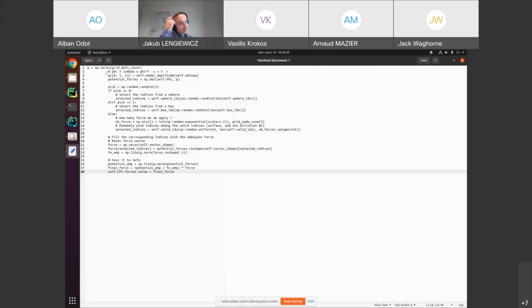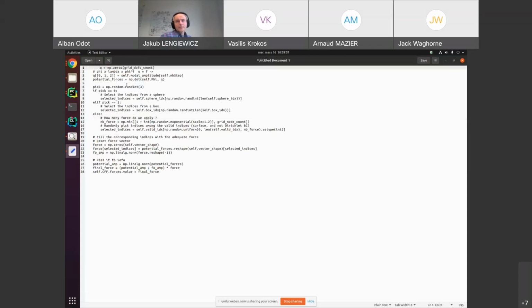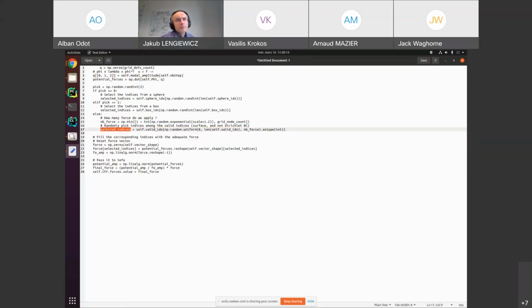So basically, as mentioned in the presentation, what happens is that I generate my Q vector, which is full of 0 besides the first three coefficients, multiplied by my phi matrix, and this gives me a force on which I apply a mask, which is the indices selected by the random boxes and spheres.